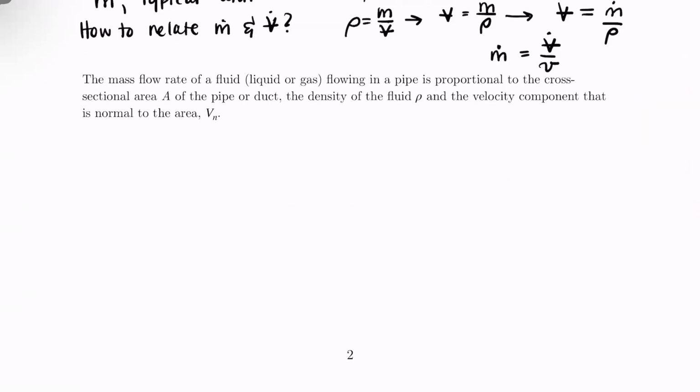The mass flow rate of a fluid, a liquid or a gas, flowing in a pipe is proportional to the cross-sectional area A of the pipe or the duct, the density of the fluid, and the velocity component that is normal to the cross-sectional area. Let me just draw this up so that we're all on the same page in terms of terminology.